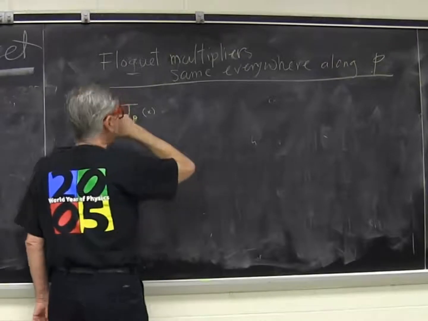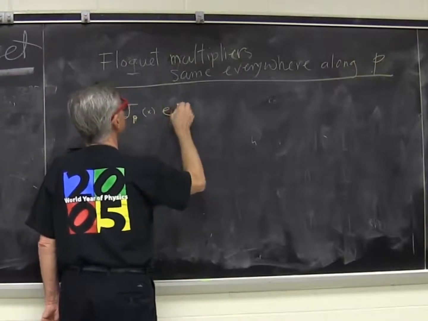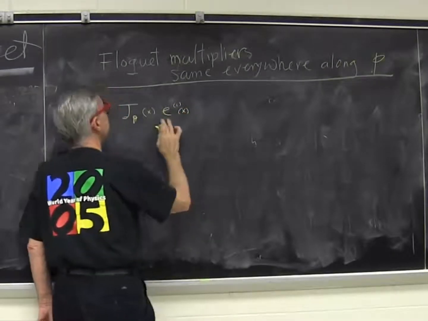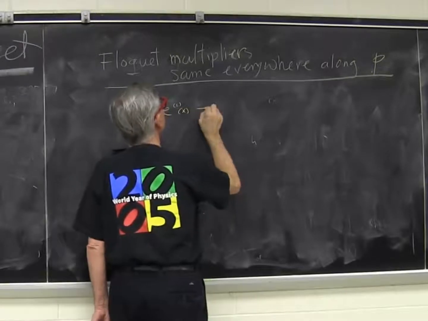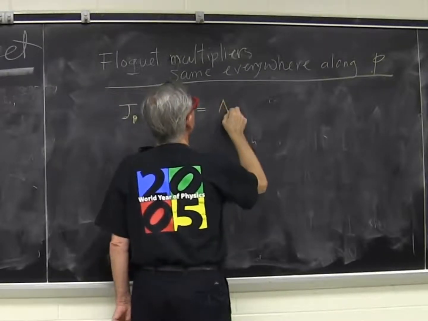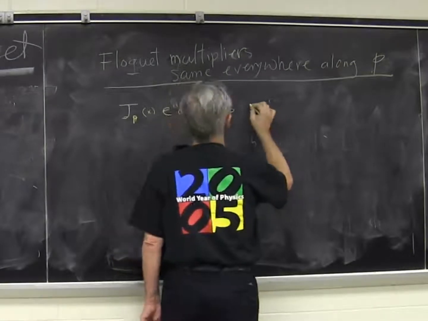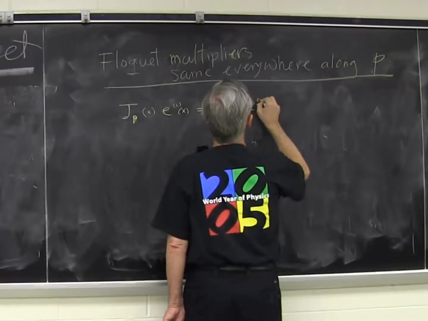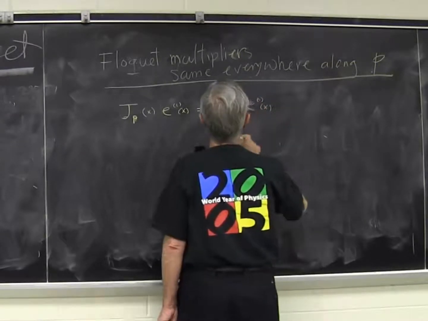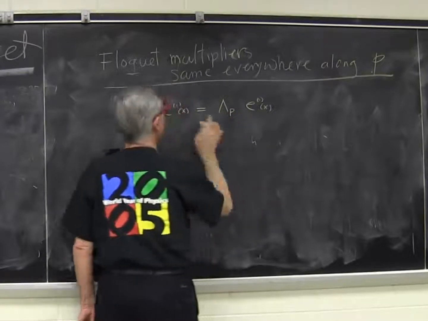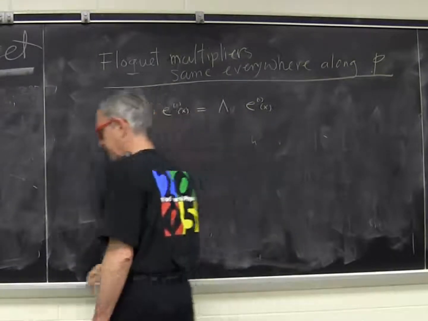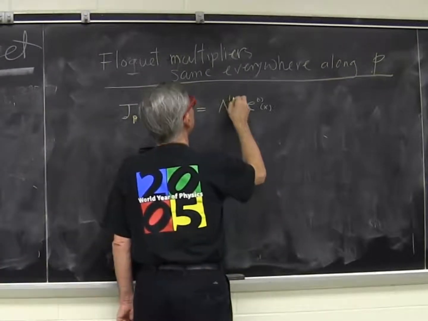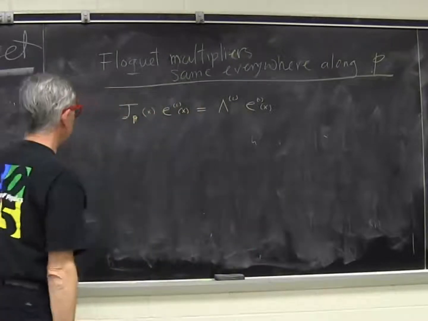And the multipliers and corresponding eigenvectors satisfy that the eigenvector at point x, a d-dimensional vector, just returns a number. So it's a property of the prime orbit, but in this argument I'll omit the subscript and just say the ith multiplier. So that's a Floquet multiplier.